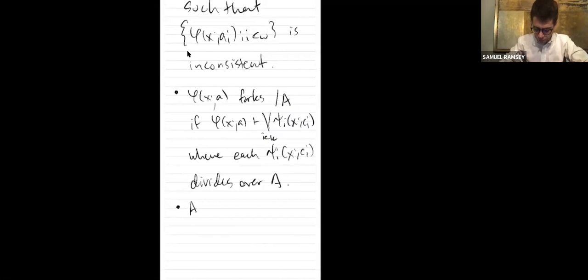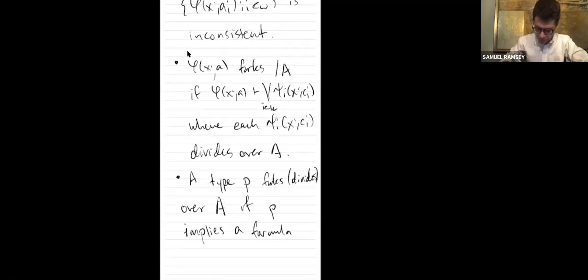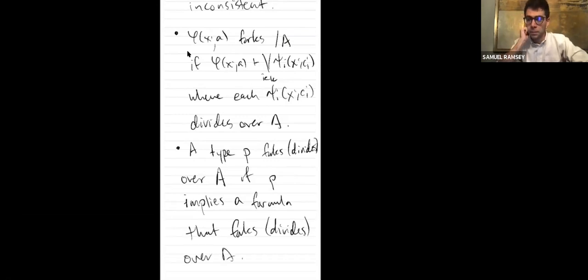So you say a type p forks or divides over A if p implies a formula that forks or divides over A. And this gives you a notion of independence.